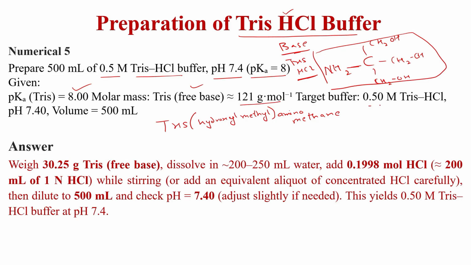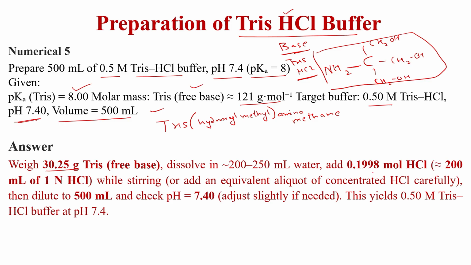The target buffer is 0.5 molar Tris-HCl, the pH we have to achieve is 7.4, and the volume is 500 ml. Okay, in the end we must have the answer: weigh 30.25 gram of Tris dissolved in 200 to 250 ml water.